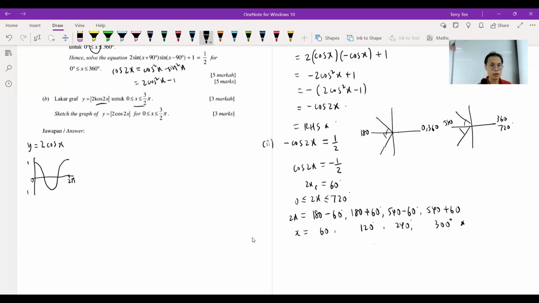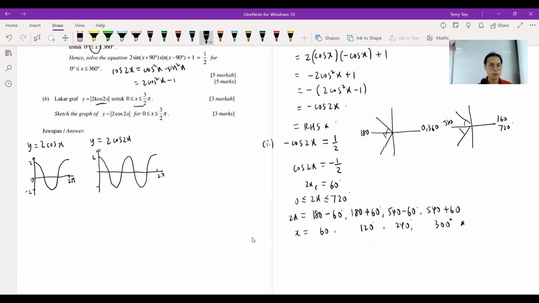But this is 2 here. So my amplitude is 2. Maximum 2, minimum -2. Now, next, because you have a cos 2x, you got to double the number of cycles. That means you go 1 cycle, 2 cycles, at 2 pi, right?